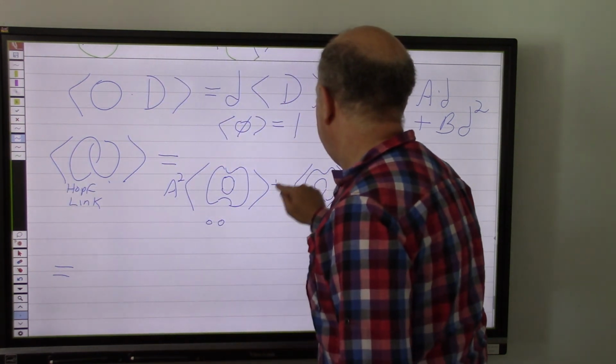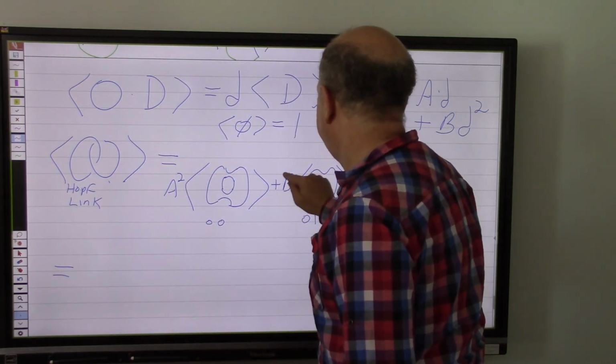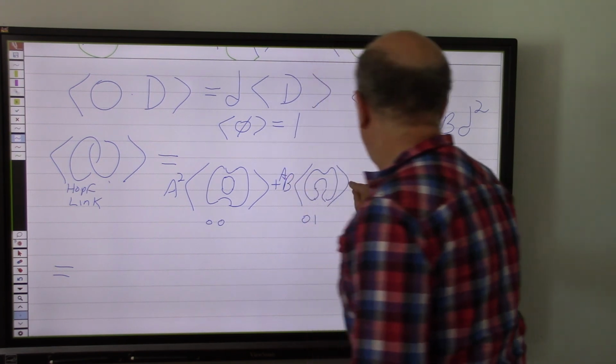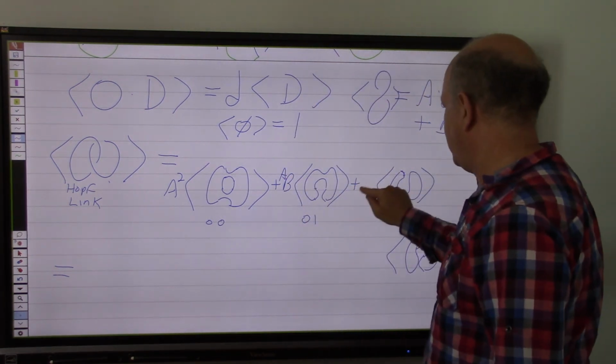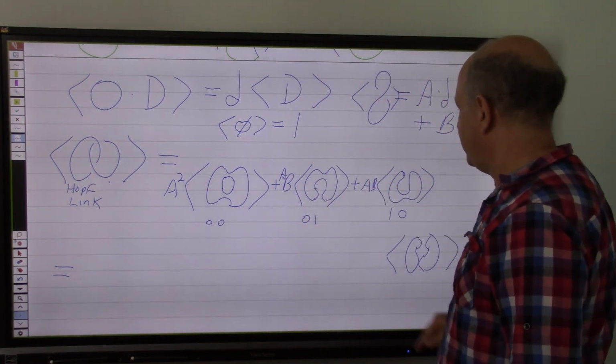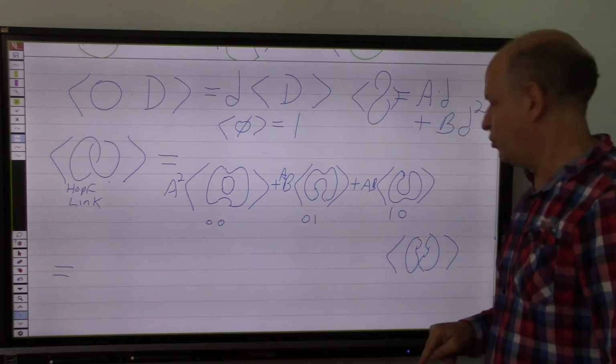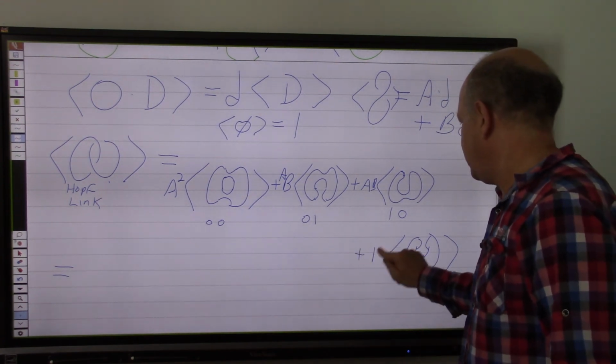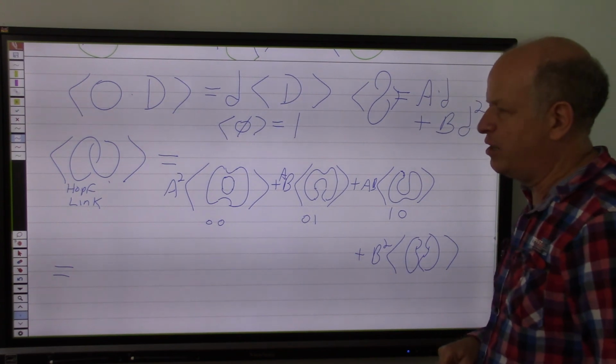So here I have a squared. Here I have a times b. Here I have again a 0 smoothing, 1 smoothing, so a times b. And here it comes with coefficient b squared.